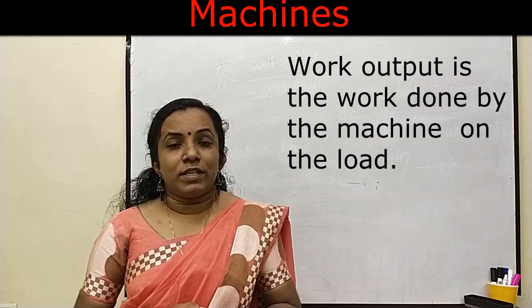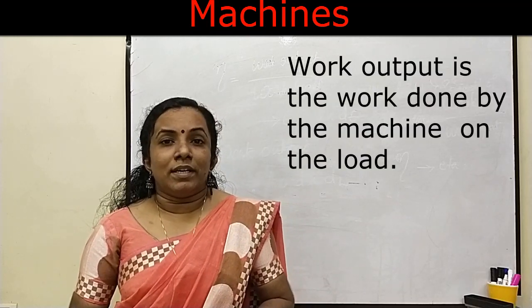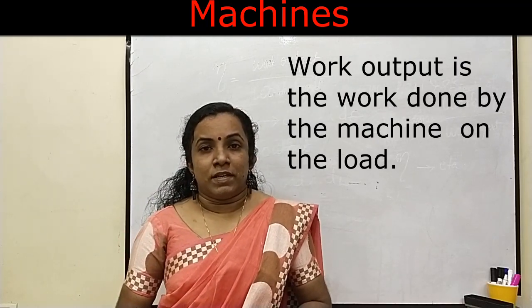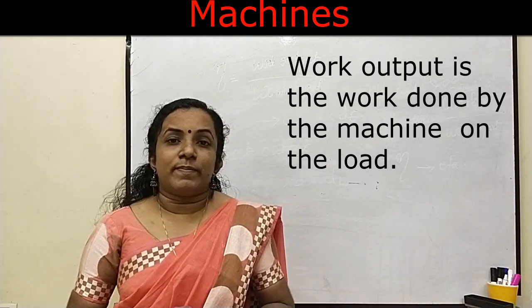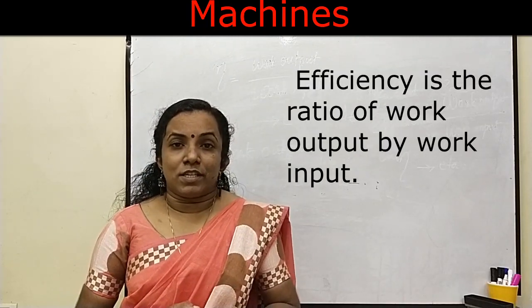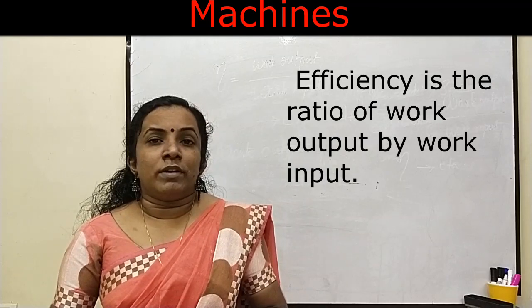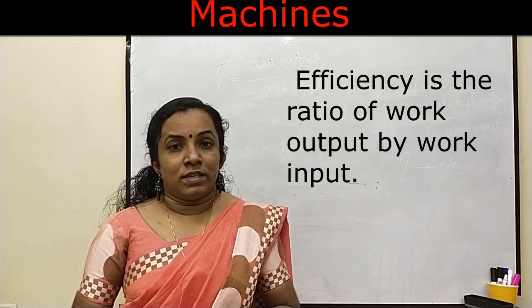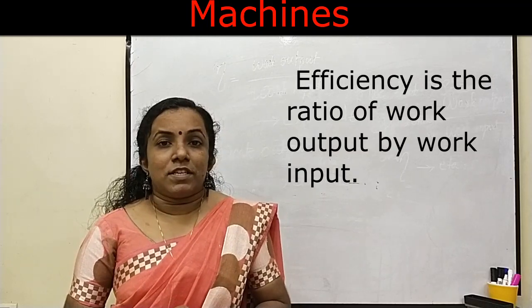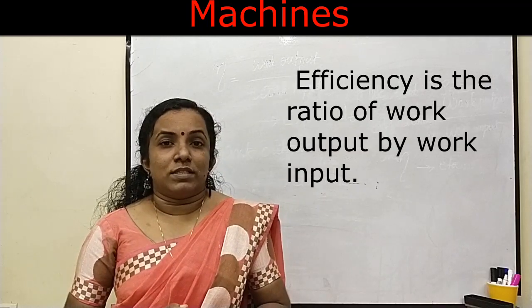Now, work output is the work done by the machine on the load. It is equal to load into displacement traveled by the load. Now, efficiency is the ratio of work output by work input. Since it is the ratio of two similar quantities, efficiency also has no unit.